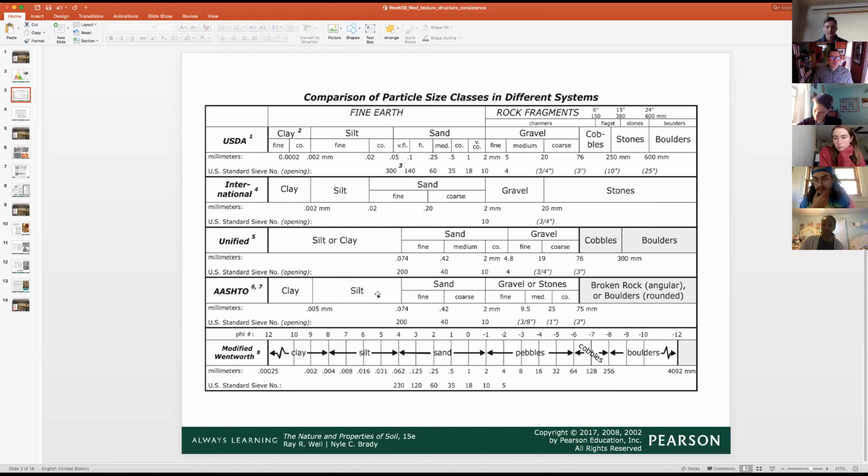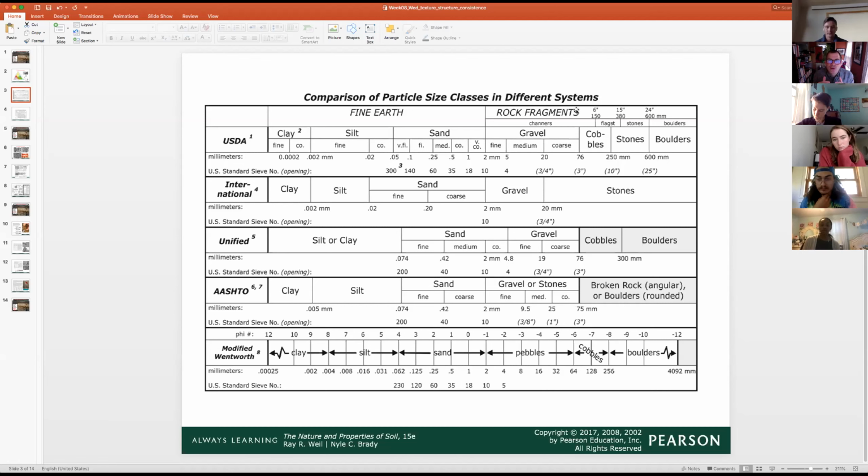But the other thing that's important on here with texture, even though generally the tests we'll do in the field are really aimed at determining the relative percentages of clay, silt, and sand, there can be larger things in the soil as well, especially when you get into the C horizon, right? Because the C horizon is transitional into the regolith or the bedrock.